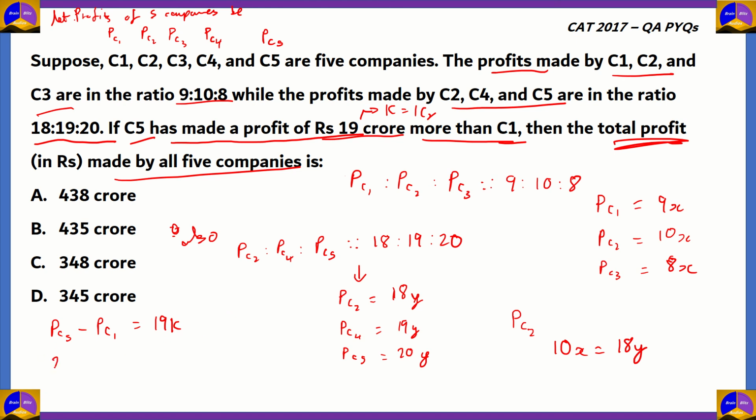So P of C5 is 20y, and P of C1 is 9x, so 20y minus 9x equals 19k. So we're going to rewrite the earlier equality as 18y minus 10x equals 0 times k, 0 crore. So we're going to consider this to be equation 1. We're going to consider this to be equation 2. So from here, we're going to solve for 1 and 2.